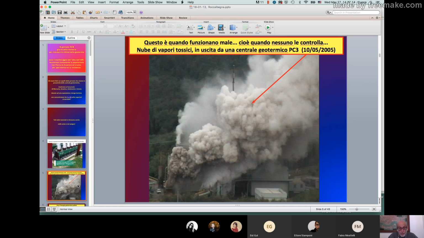For a few days, you had a huge amount of pollutants emitted to the atmosphere, no abatement. And from the density and the color of the fluid, you can see how many solid materials were involved in this kind of emissions when the power plants don't work.